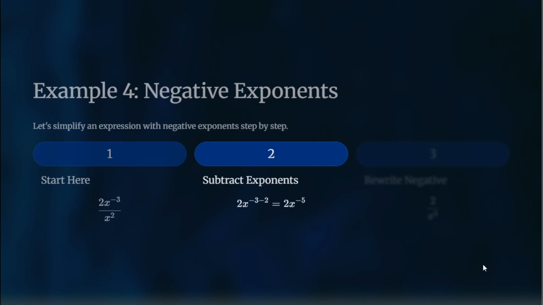So it will become 2 times x to the power negative 3 minus 2, because we have x squared in the denominator. So this becomes 2 times x to the power negative 5, because negative 3 minus 2 is negative 5. Now we can rewrite our negative exponent, and that will become 2 divided by x to the power positive 5.